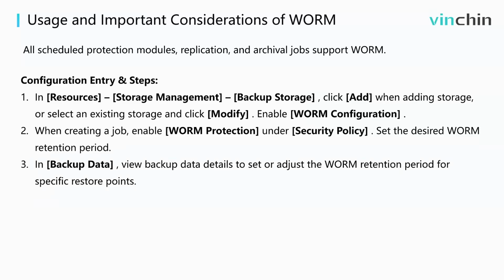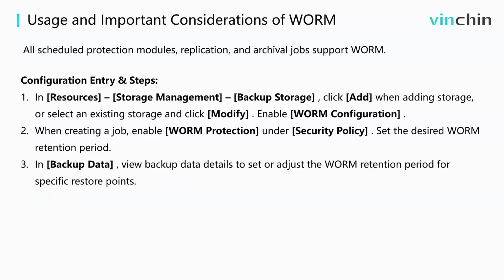And what's the usage and important considerations of WORM? All scheduled protection modules, replication, and archival jobs support WORM. You just need to go to Resources, Storage Management, Backup Storage, and when you add the storage, remember to enable the WORM configuration first.